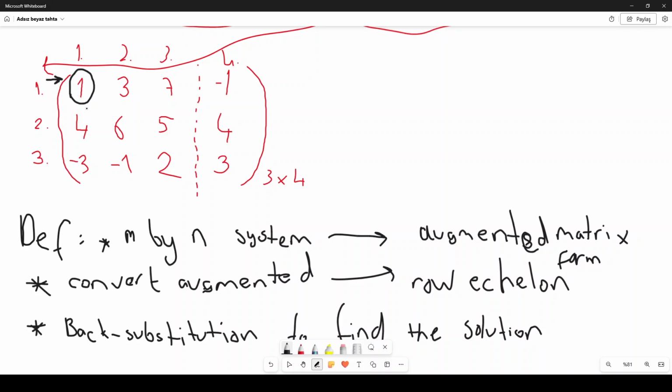Okay, what are we going to do? We know that the number of leading zeros below the pivot element must be equal to 0. So I need to convert this value into 0, as well as this value, so that I will have one leading 0 in the second row and one leading 0 in the third row.